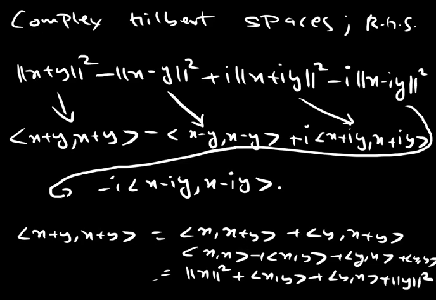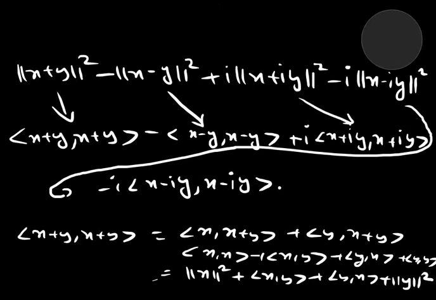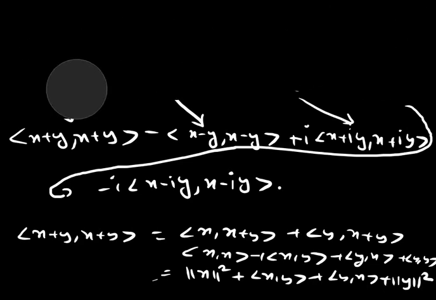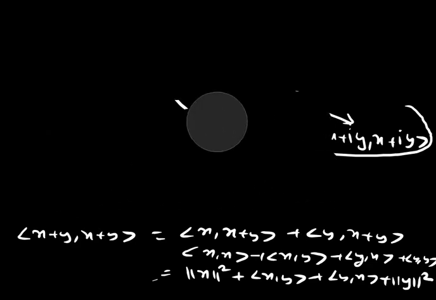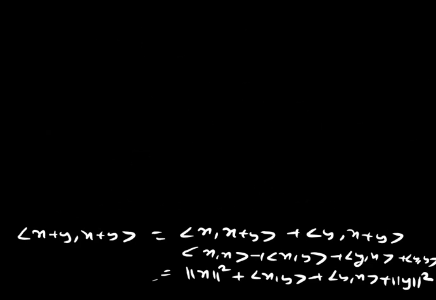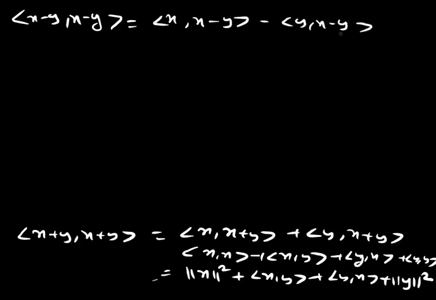So let's write out x minus y also. The inner product of x minus y with x minus y would be the inner product of x with x minus y minus the inner product of y with x minus y.